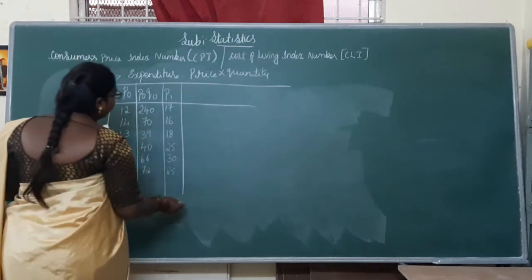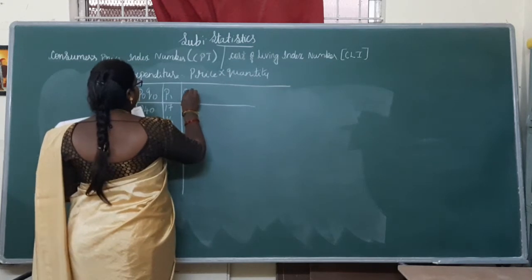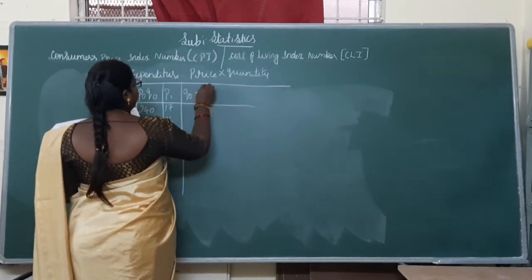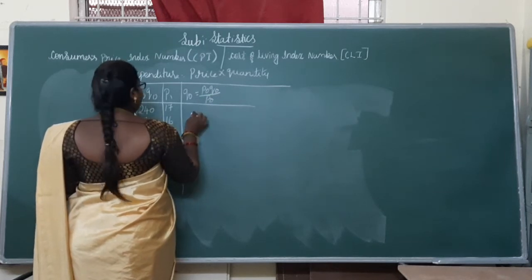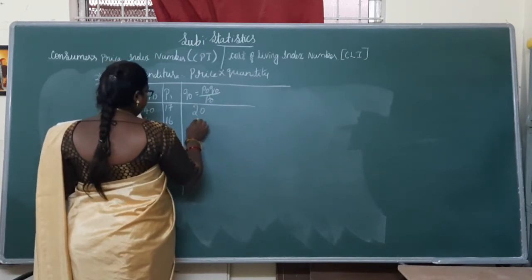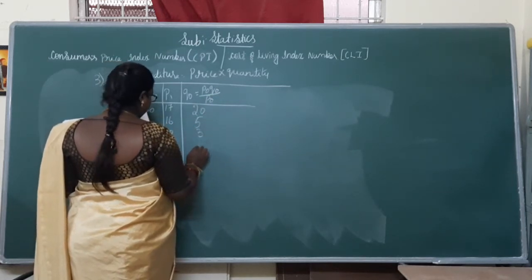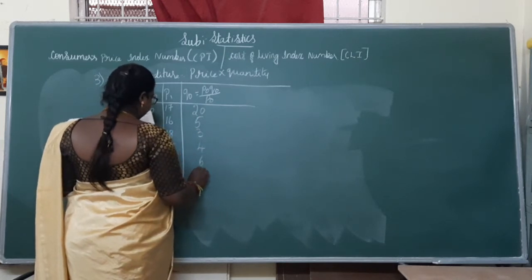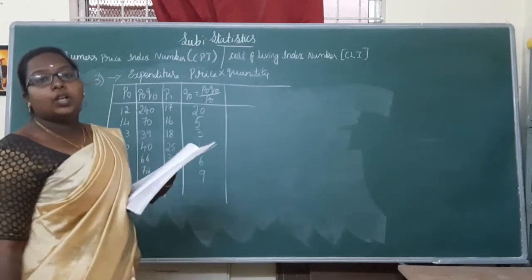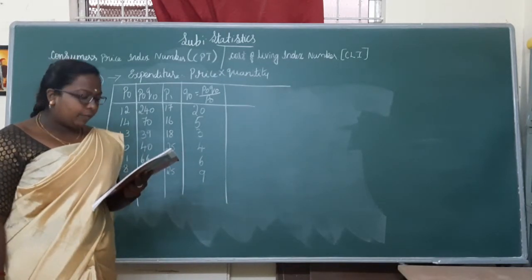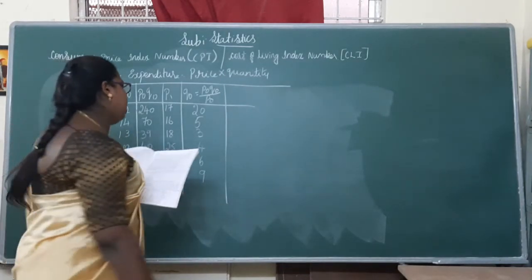Now I need to find out my Q0. My Q0 is nothing but my P0 Q0 divided by P0. I will get here 20, 5, 3, 4, 6, 9. Now I already have my P0 Q0. I need to find out my P1 Q0.